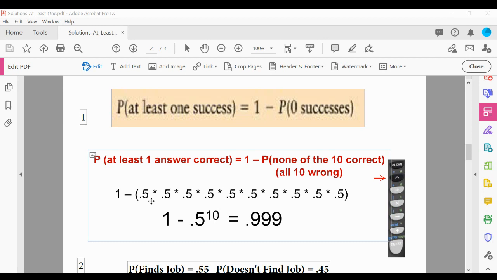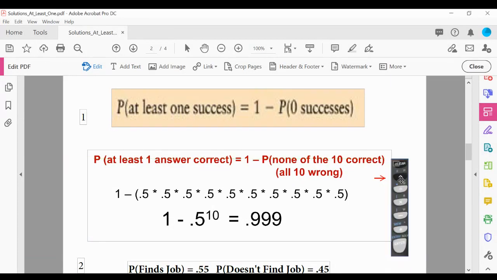Now, rather than taking a calculator and multiplying 0.5 times itself 10 times, in mathematics we know that to multiply a certain number of times, we raise it to a power. 0.5 times itself 10 times is 0.5 raised to the 10th power. But don't forget, you have to subtract this from the whole number one. You're using the complement rule. If you're not familiar with how to raise something to a power, it's right there in your calculator.